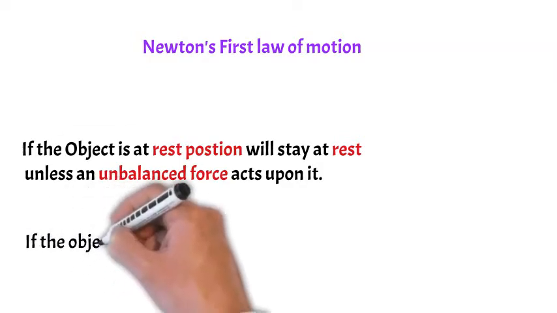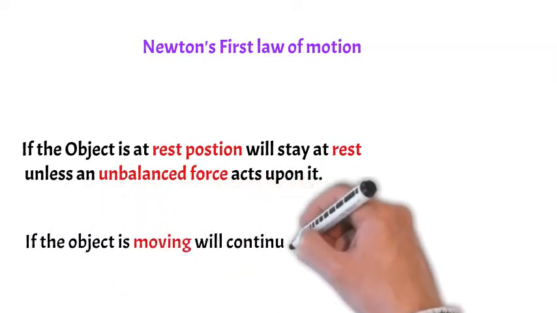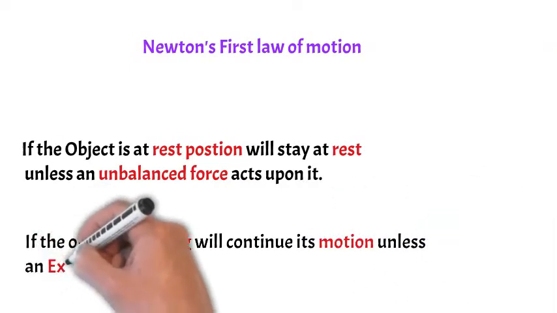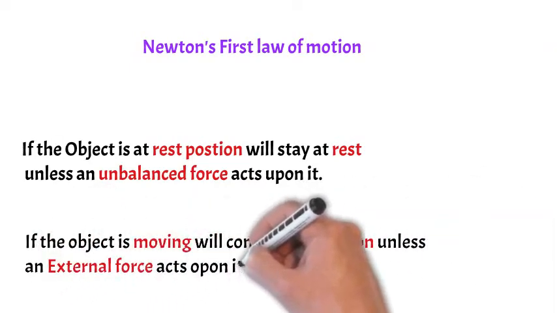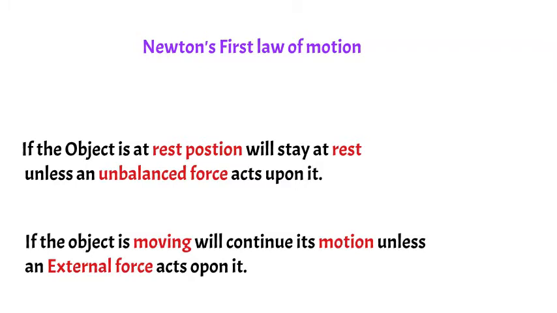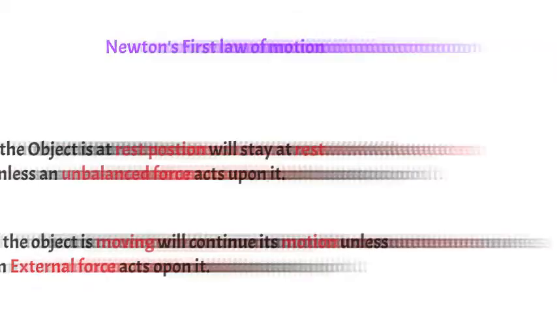And the second part is, if the object is moving, it will continue its motion unless an external or unbalanced force acts upon the object. It has two parts: if the object is at rest, it will stay at rest, and if the object is moving, it will continue its motion unless any external force acts upon the object.